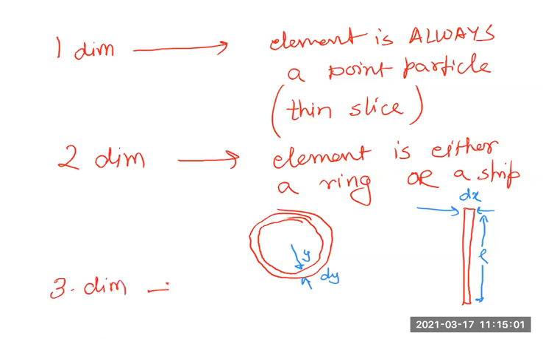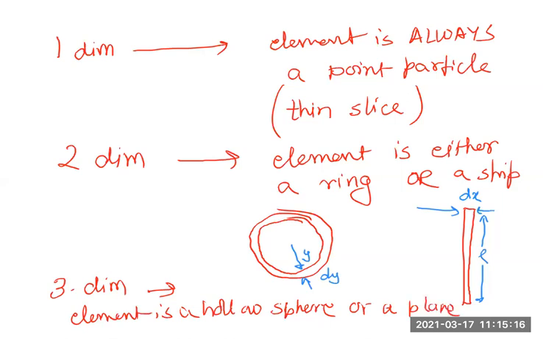And if we have three-dimensional, then the element is a hollow sphere or a plane. So first let me write down the area of this: 2 pi y dy.